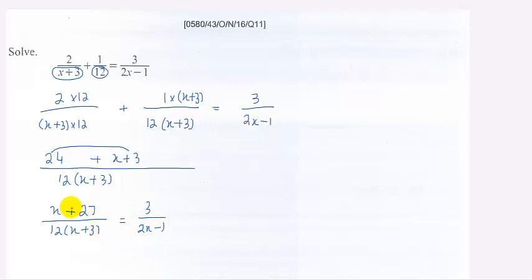Now we have a single fraction on both sides, so I will multiply this with this. It will be (x plus 27) times (2x minus 1). Okay, now I will multiply this with this, which is 3 multiplied by 12 into (x plus 3).